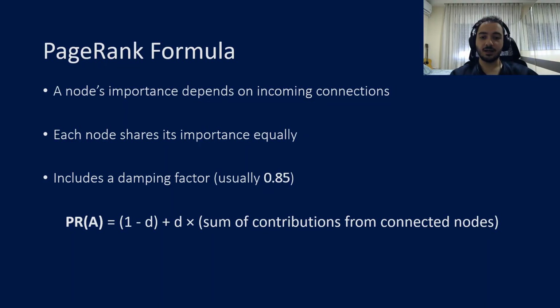This factor helps make the model more realistic and ensures that the algorithm converges to stable values. While the formula may look complex, the key idea is actually simple. It's just about importance flowing through the network.